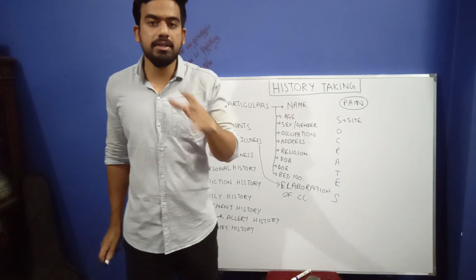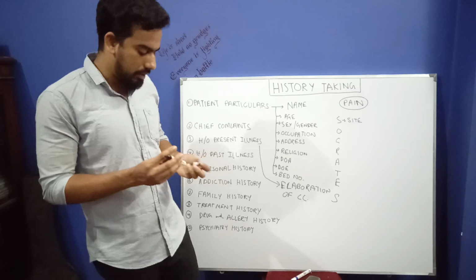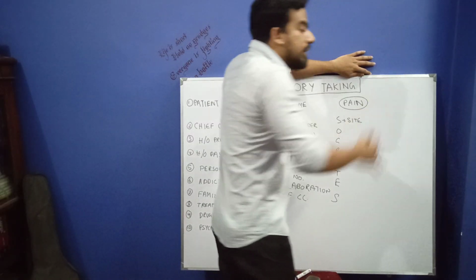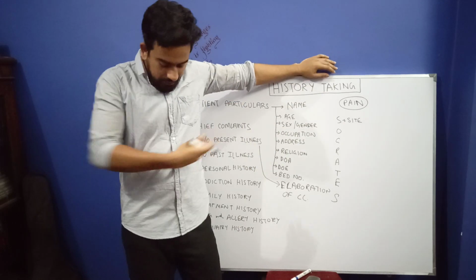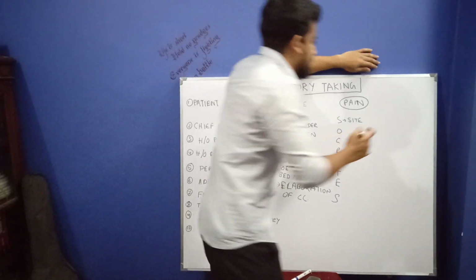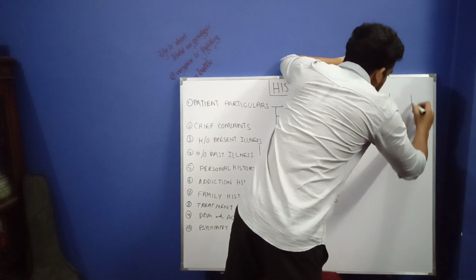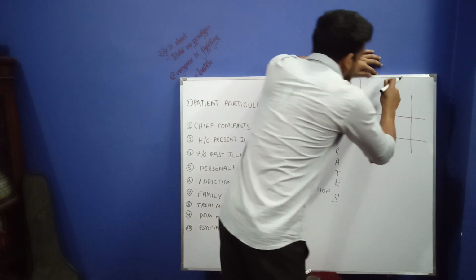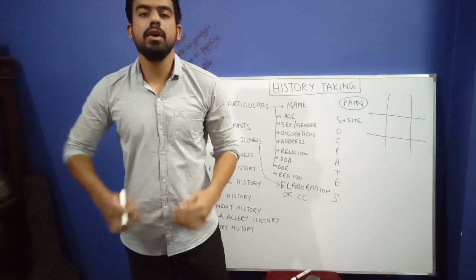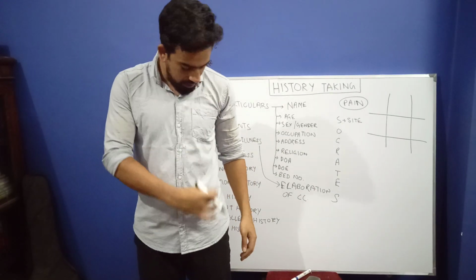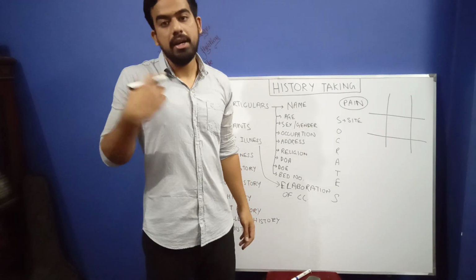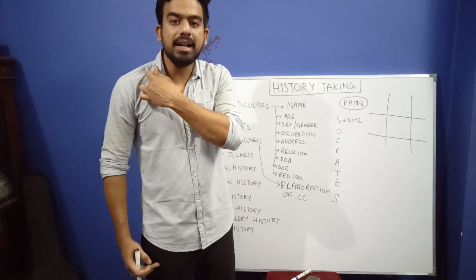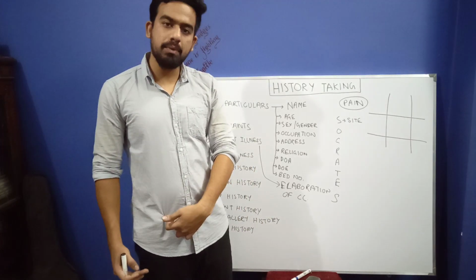But 9 regions is the difficult part. So what are the 9 regions in which the abdomen is divided? There are 2 vertical lines and 2 horizontal lines which divide our abdomen into 9 regions. These vertical lines go from the mid clavicular point to the mid inguinal point, left mid clavicular to mid inguinal point, and right mid clavicular to mid inguinal point.